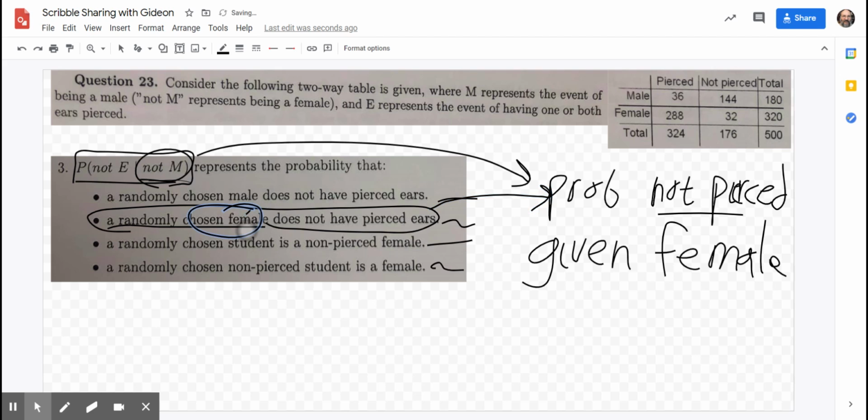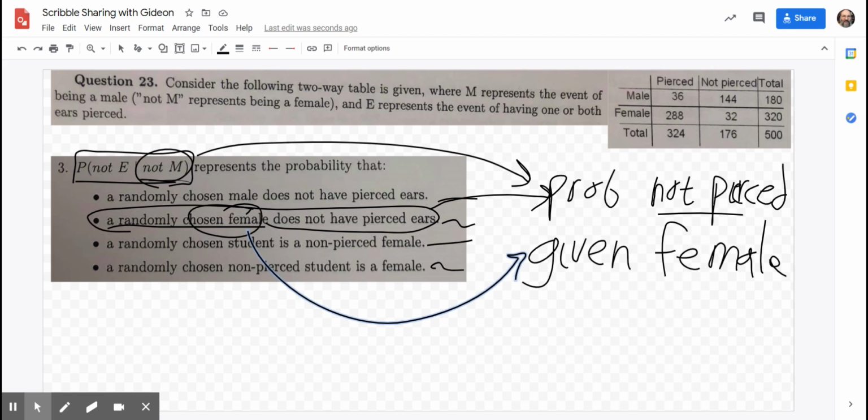You've chosen a female, that's given to you. What's the chance that they're not pierced? A randomly chosen female does not have pierced ears. And again, we could figure out the numbers if we wanted to. We haven't been asked to, so don't.